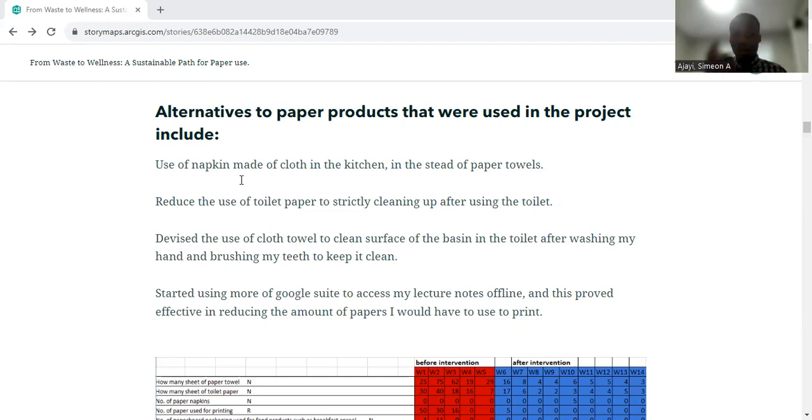At times, apart from cleaning up after using the toilet, I also used toilet paper to clean the surface of the sink and wash basin in the toilet. During the intervention phase, I reduced toilet paper to strictly cleaning up, and employed cloth napkins to clean the other surfaces of the sink and wash basin. I also used a cloth towel to clean the surface of the basin in the toilet after washing my hands and brushing my teeth, to keep it clean.